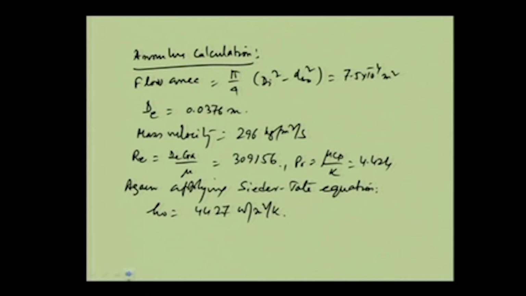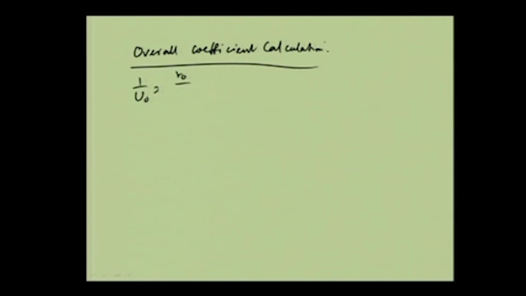This is what we get, and then once we get HO, we have to find out the overall heat transfer coefficient calculation. Here we will get that 1 by UO is equal to RO by RI into 1 by HI plus 1 by HO plus RO by K ln RO by RI, and that is equal to 1 by HIO plus 1 by HO plus RO by K ln RO by RI.